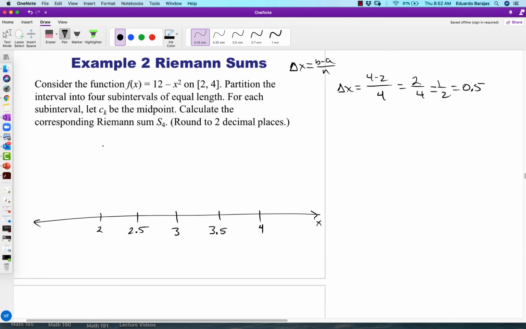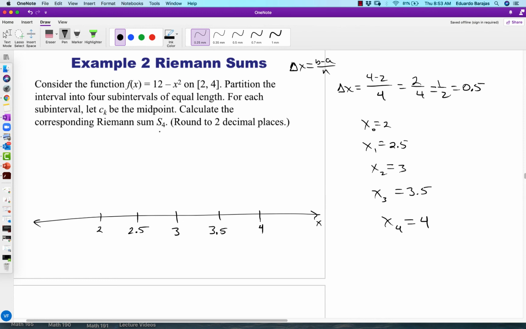Okay, so then this would be our x sub naught equals 2, x sub 1 would then be equal to 2.5, x sub 2 equals 3, x sub 3 equals 3.5, x sub 4 equals 4. Okay, so we have our sections.